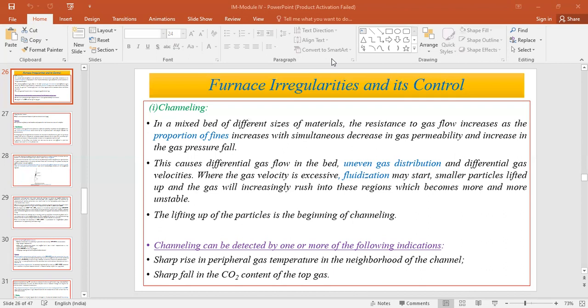Because of the preferential flow, there will be an uneven gas distribution. Because of this, the reduction reactions will not take place uniformly throughout the horizontal cross section of the blast furnace, and a temperature gradient will also occur within the horizontal cross section of the blast furnace.